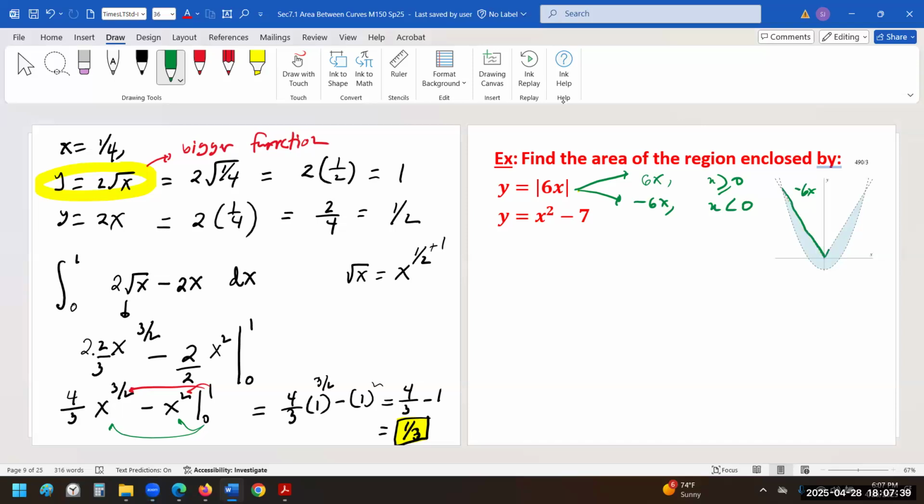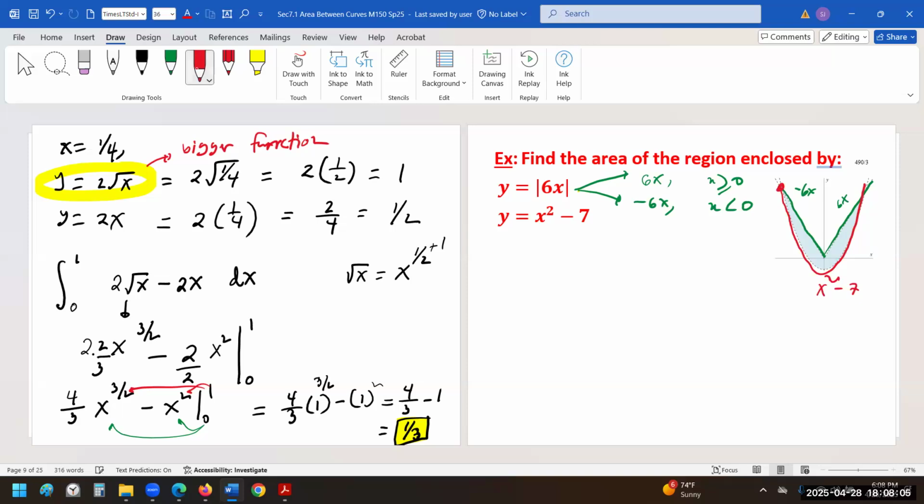But this portion here is positive 6x. So we are not actually dealing with two functions, we are dealing with three functions. And the bottom one here is x squared minus 7.